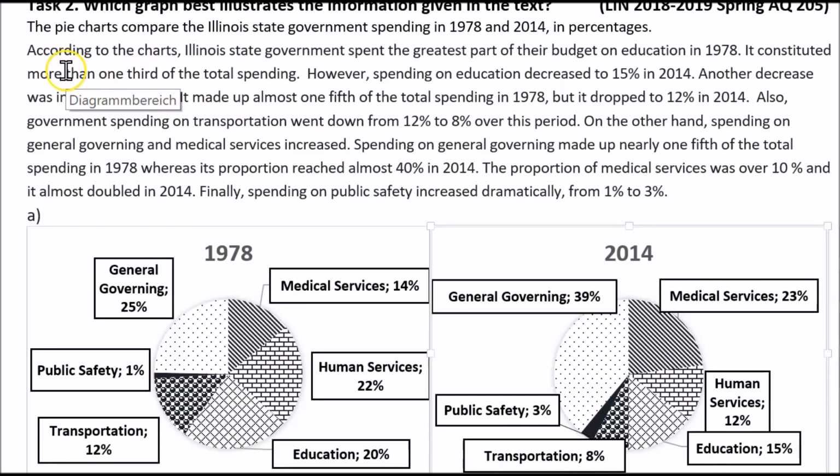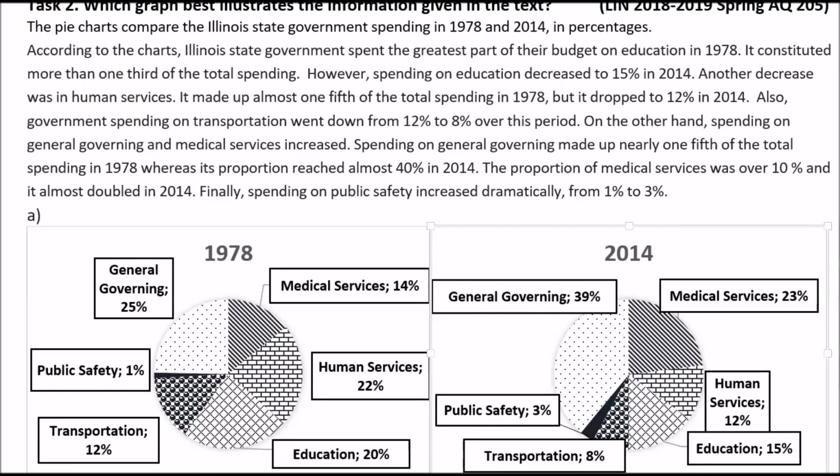And going to the second paragraph, according to the charts, Illinois state government spent the greatest part of their budget on education in 1978. So I'm going to be looking at the piece of pie that is related to education, and it should be the biggest part for education in 1978.